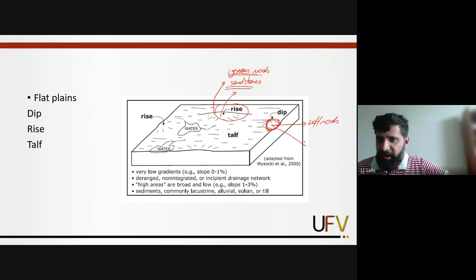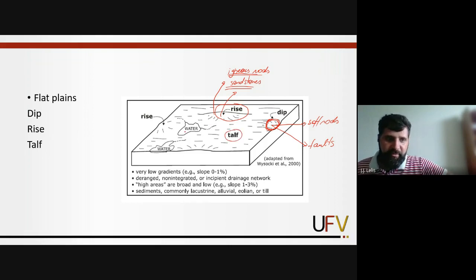So if I have several faults here, it's easy to weather the rock, and this could easily form a dip. It's quite common to identify this dip because they generally have a denser vegetation cover, and we can find a denser forest in the dip compared to the rise, and of course the tuff.